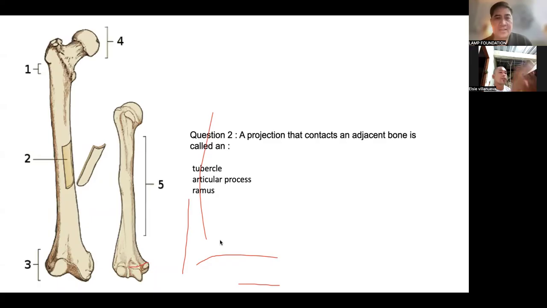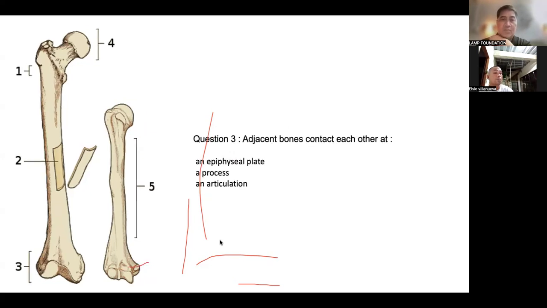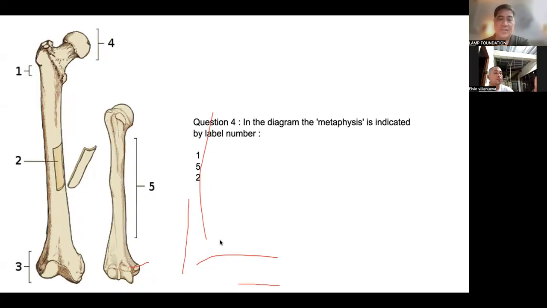A projection that contacts an adjacent bone is an articular process. Adjacent bones contact each other at an articulation. In the diagram, the metaphysis is indicated by number 1.